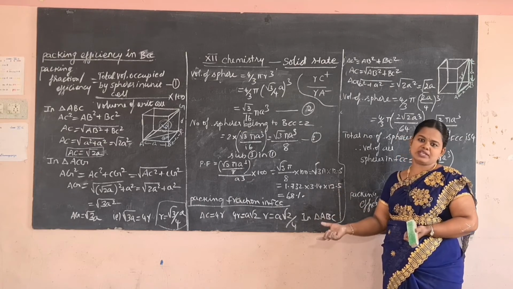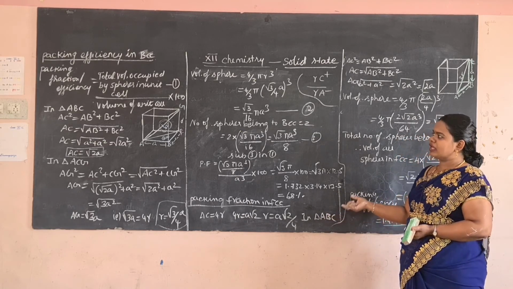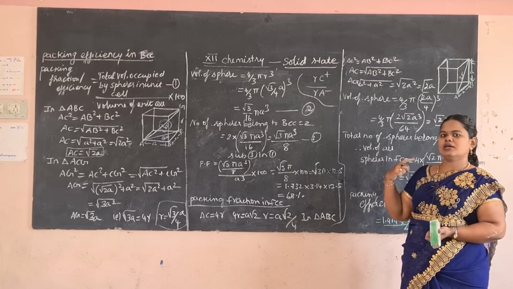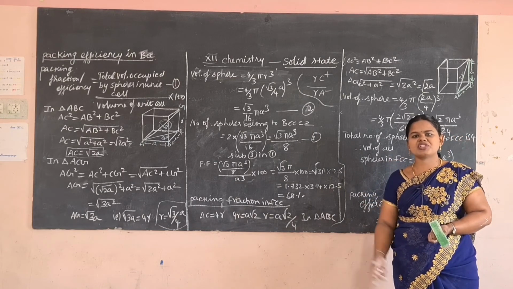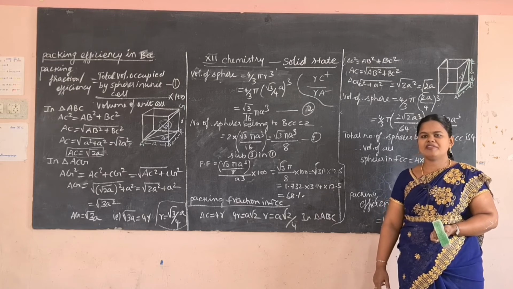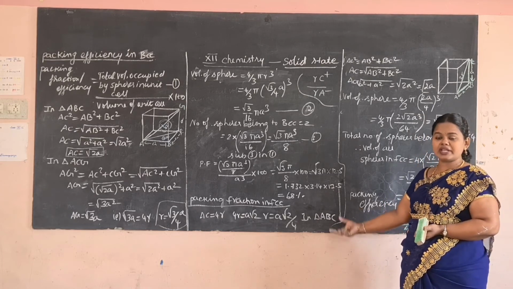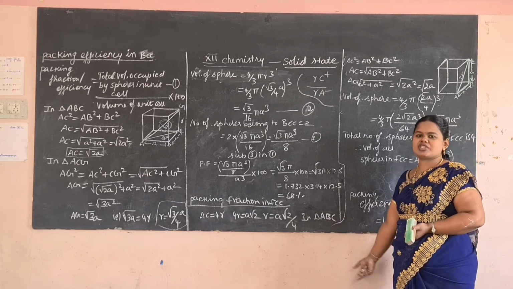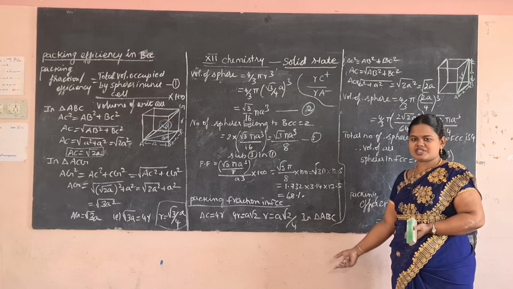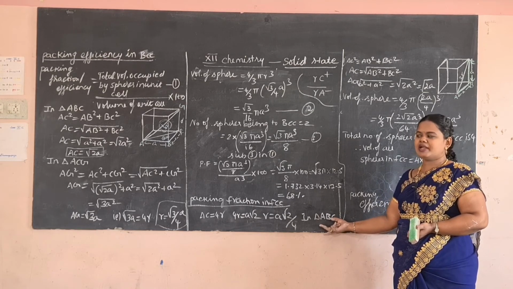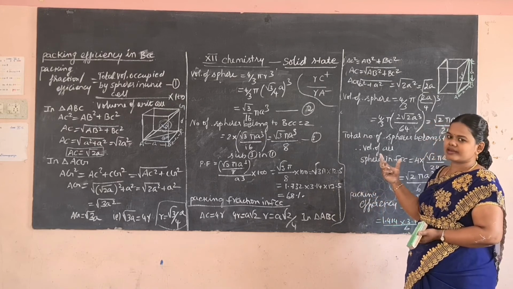Then we saw the imperfections in solids, point defect, Schottky defect, Frenkel defect, metal excess defect, and impurity defect.